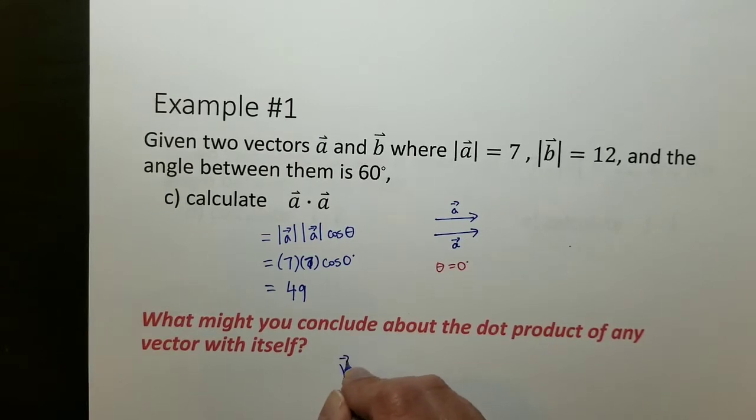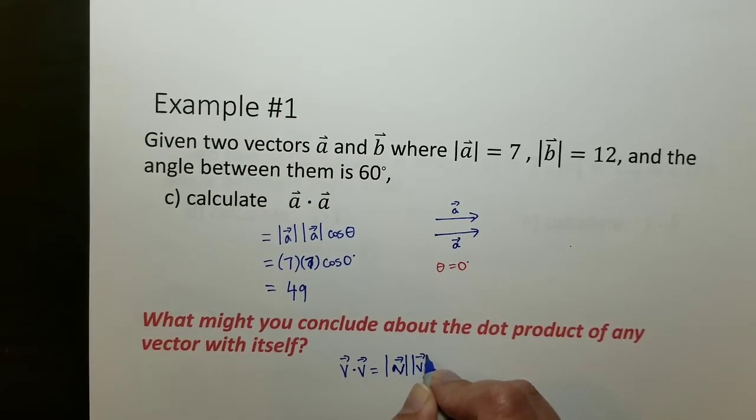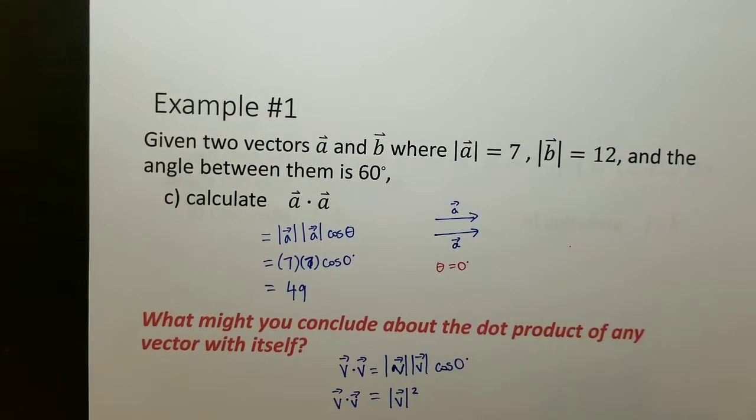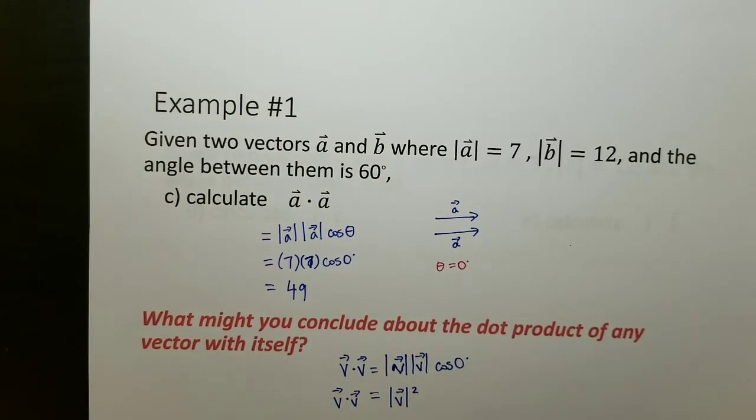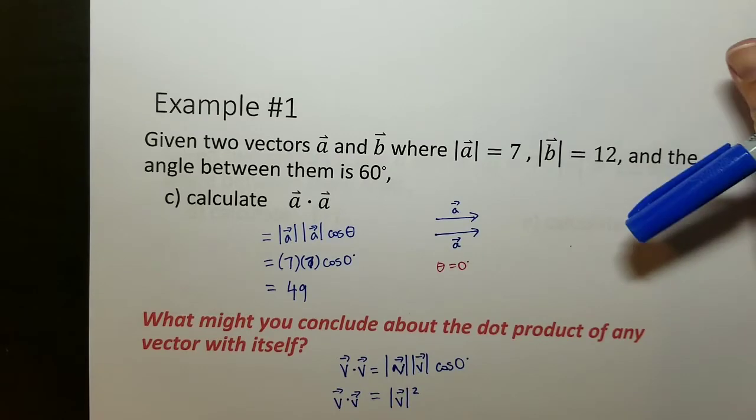For example, V dot V would equal the magnitude of V times the magnitude of V times cos 0. That's just going to be the magnitude squared, because cos 0 is always 1. So if you have a vector dotted with itself, you just square the magnitude, and you don't have to worry about the cos of the angle because it's going to be 1.